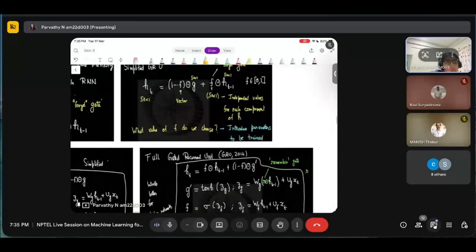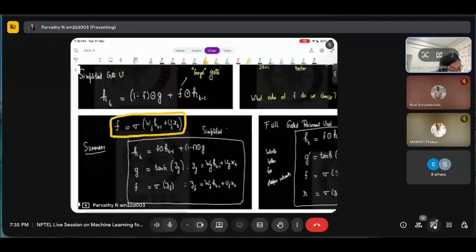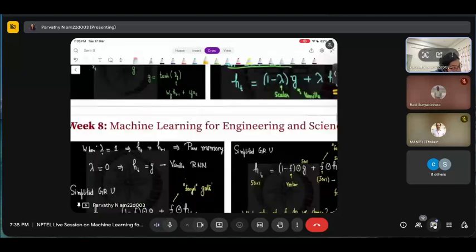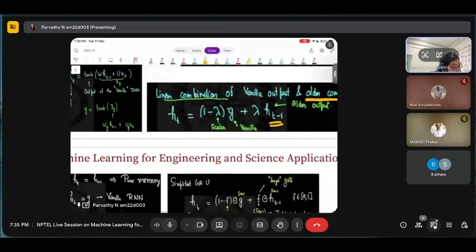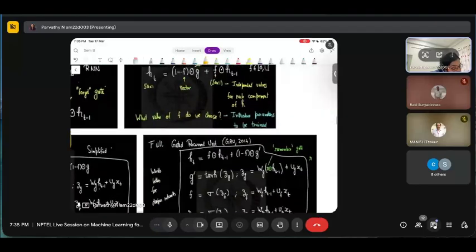It tells you how much you want to forget the past or how much you want to retain the past. When lambda value is 0, it will completely retain the vanilla output. If lambda value is 1, then it will only give the older output. That is why it is the forget gate.